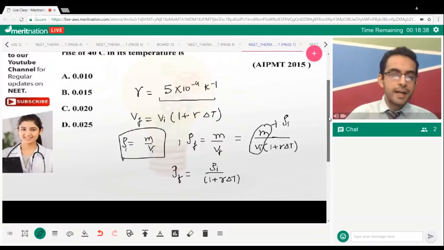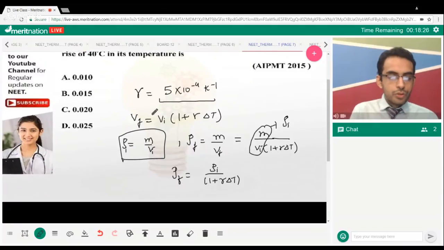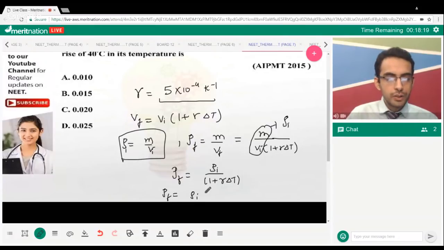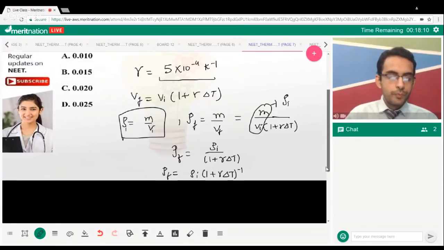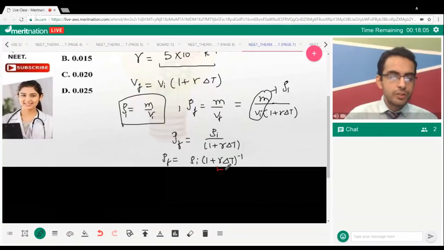So we have to find the fractional change: rho F minus rho I divided by rho I. Fractional change means the difference divided by the actual, initial one. So we can write rho F is equal to rho I into 1 plus gamma delta T raised to the power of minus 1. Actually the value of gamma delta T is very small.